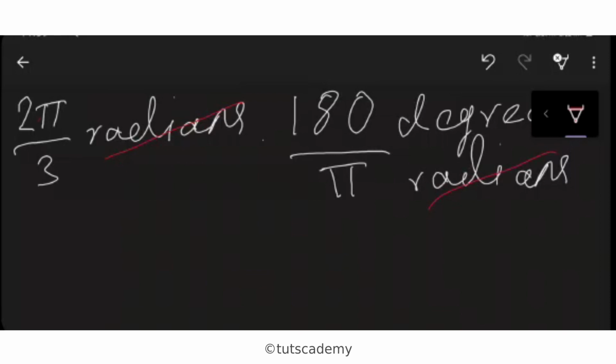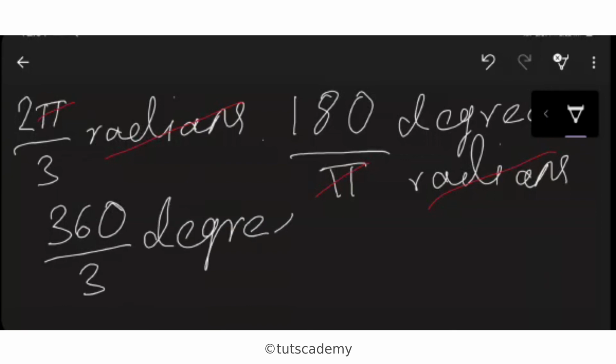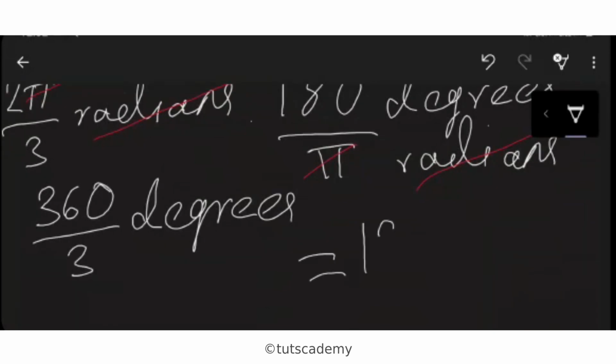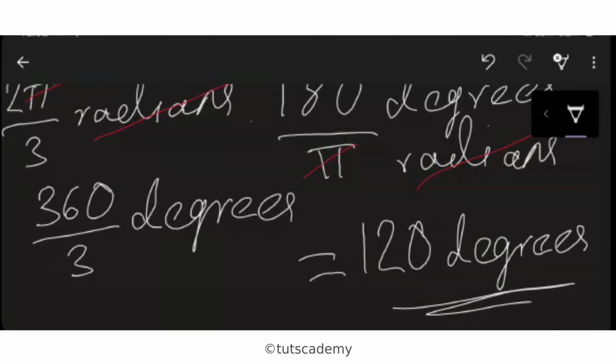We can also cancel out the pi's. And we'll be left with 2 over 3 multiplied by 180. So we can multiply 2 and 180 and we will get 360 over 3 degrees. Let's simplify this: 120 degrees. So this is our answer.